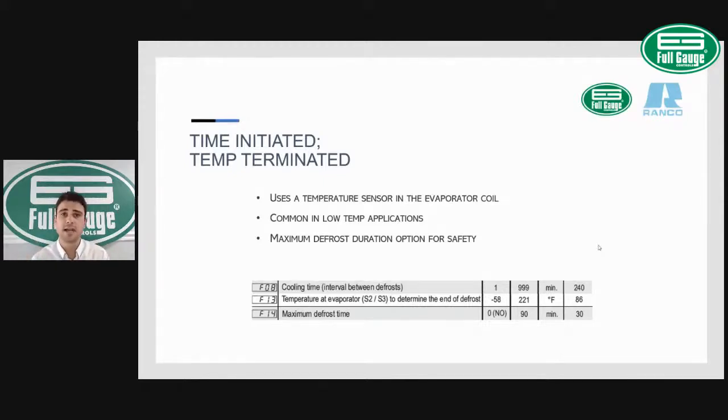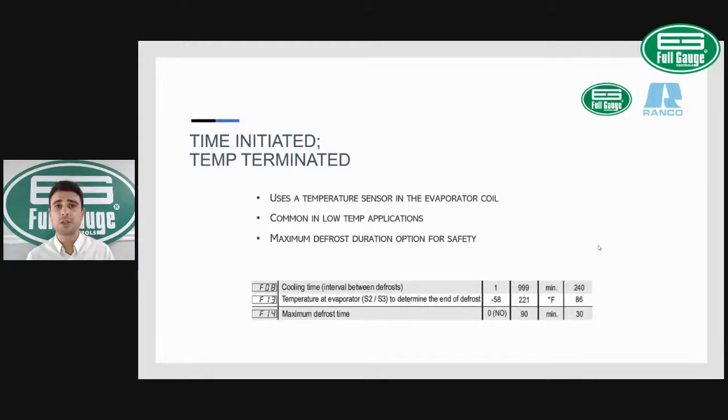Your defrost cycle initiates based on time, so 4, 6, 8 hours, whatever you set as your cooling time, that's your defrost frequency. The temperature termination will always try to end the defrost based on the coil temperature at the evaporator.